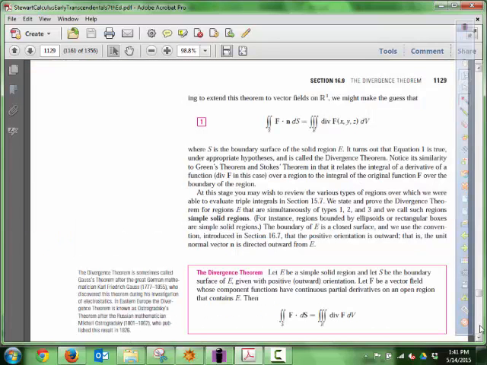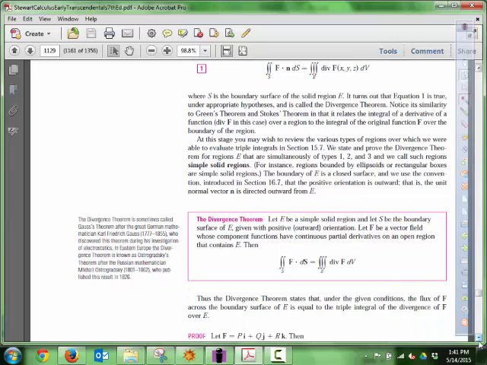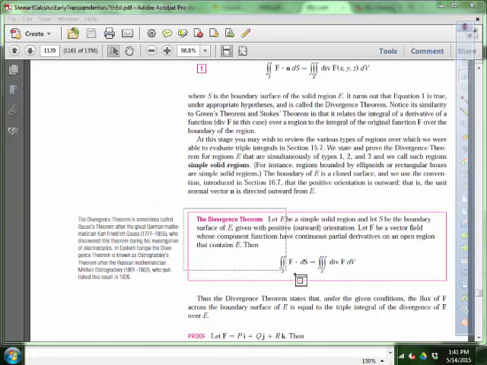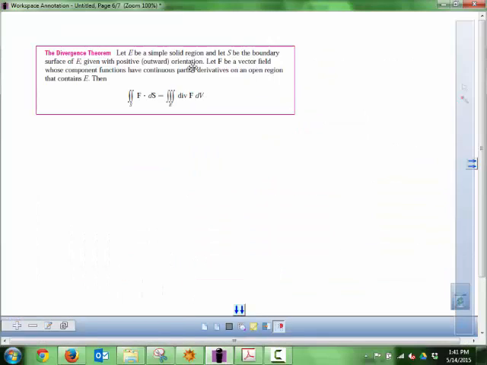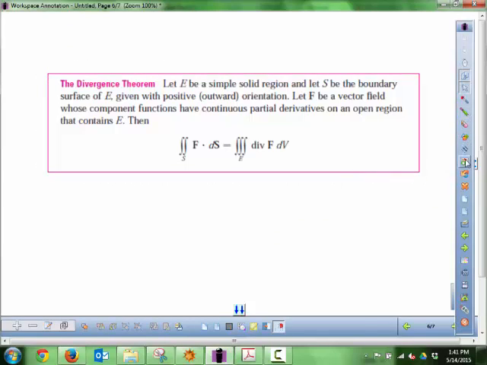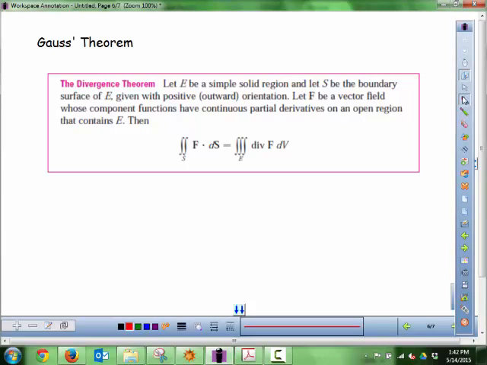Okay. Now let's take a glimpse of Gauss. Gauss's theorem is sometimes known as the divergence theorem because it has the divergence operator on there.